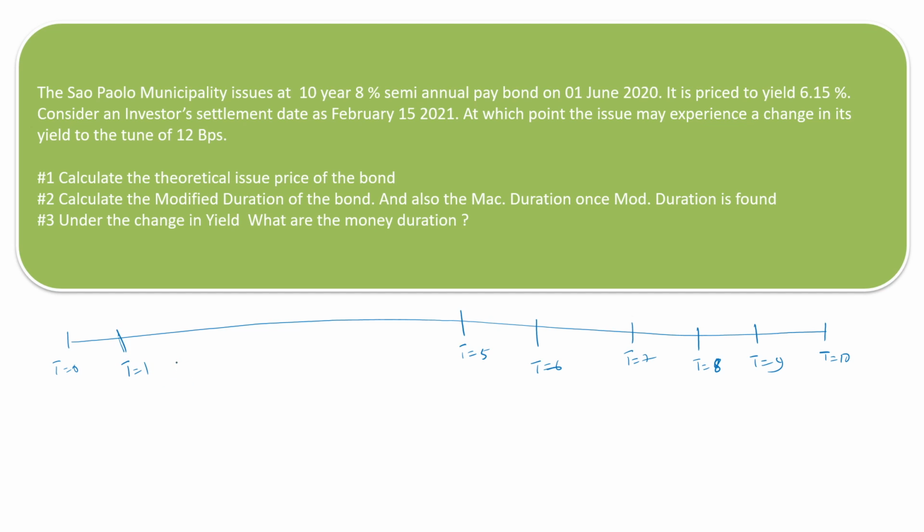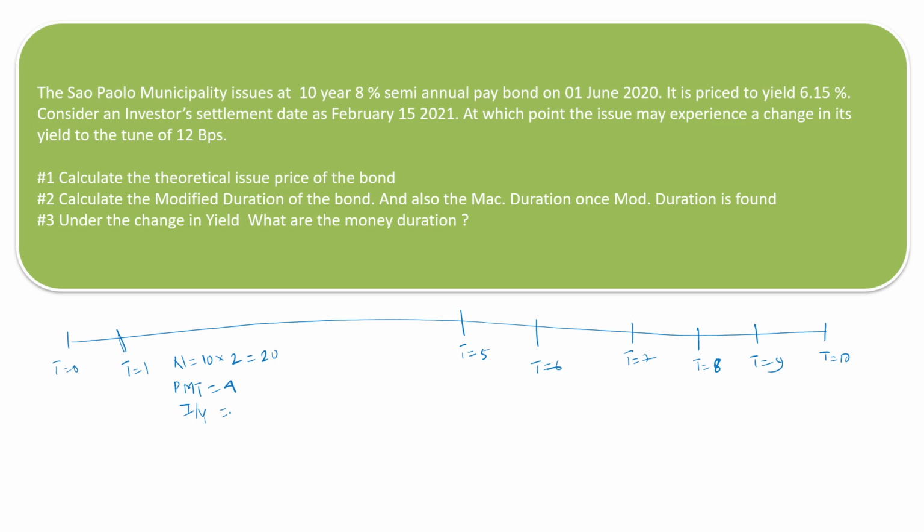So how many periods are there in a semi-annual period? There are going to be 10 into 2, 20 periods. And how many coupons are being paid? Obviously, 20 coupons will be paid, and each coupon will be 4% of the face value.